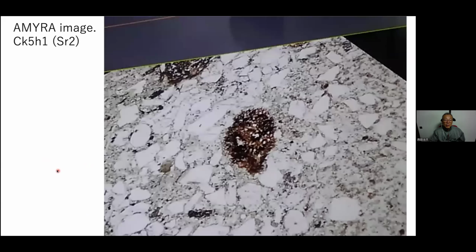And for this material, I used the AMIRA reconstruction. But this one is very preliminary, and the movement of the reconstruction is somewhat not good yet, but I will show you.